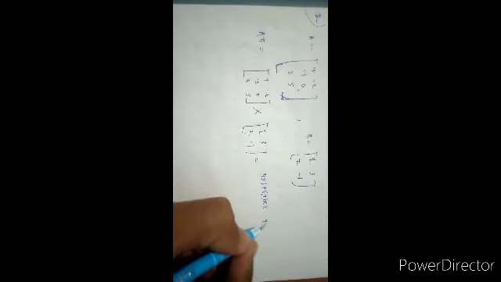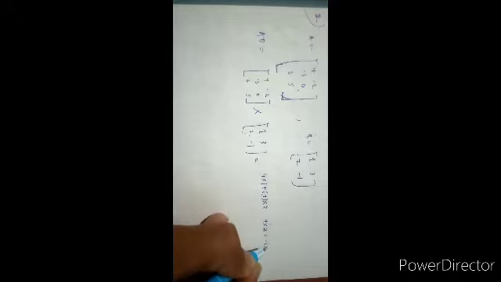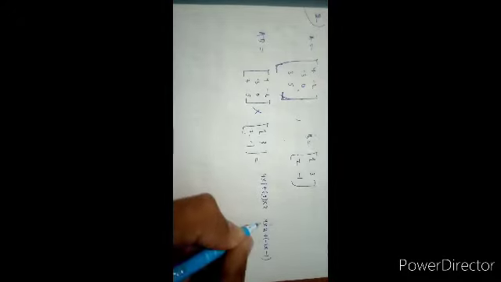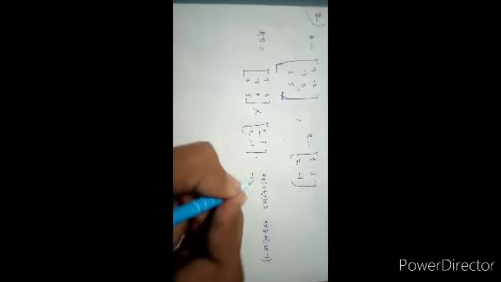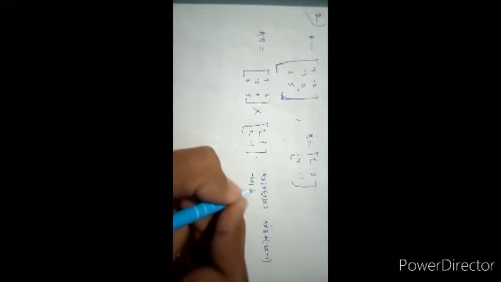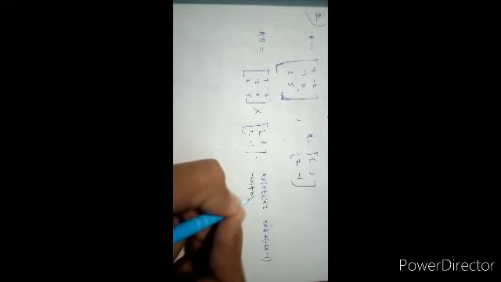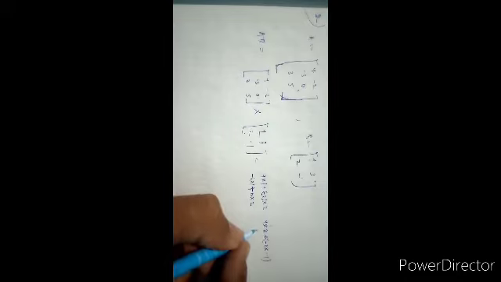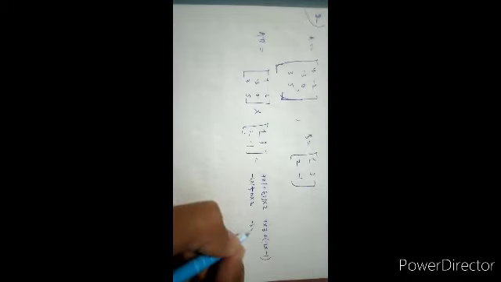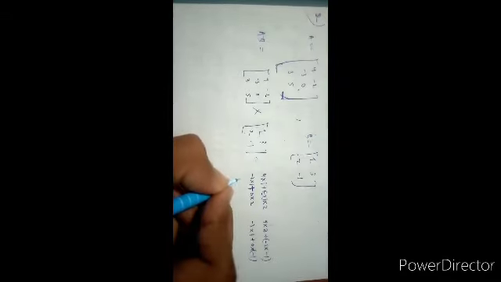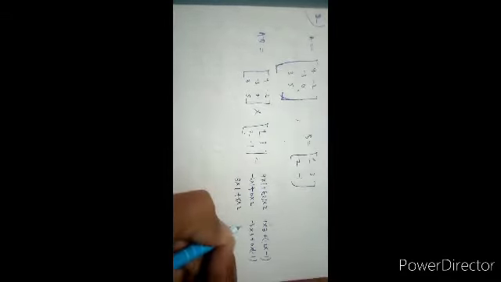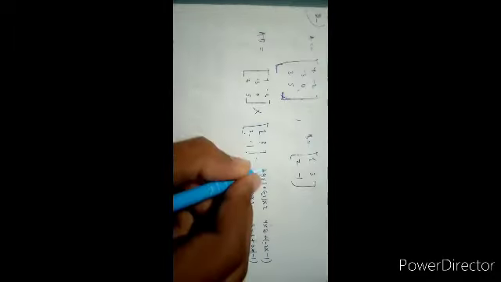Similarly, 4 multiplied by 3 plus minus 2 multiplied by minus 1, then minus 3 multiplied by 1 and 0 multiplied by 2. Then similarly, minus 3 multiplied by 3 plus 0 multiplied by minus 1. Then similarly, 3 multiplied by 1, 5 multiplied into 2, and 3 multiplied by 3, 5 multiplied by minus 1.